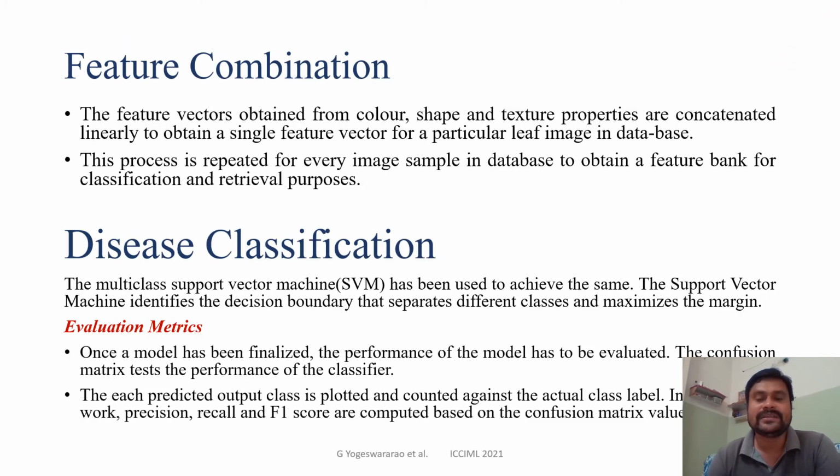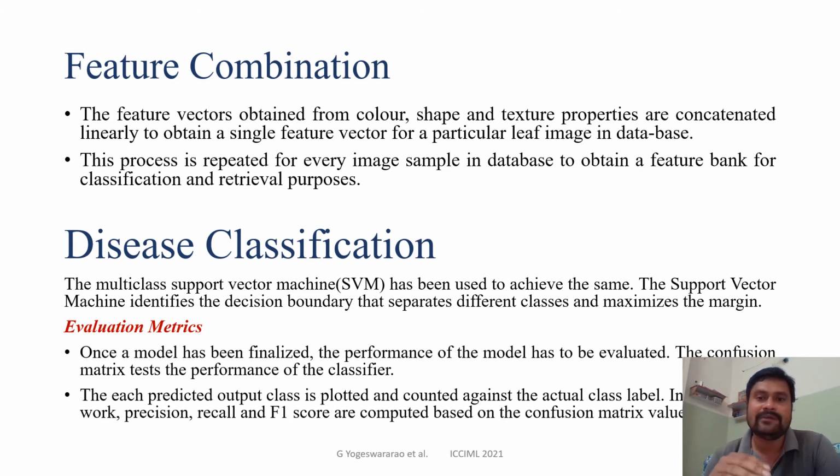After getting the color, shape and texture features, we get the color from the HSV color space, the shape features from the Fourier descriptor, and the texture features from the complete local binary pattern.